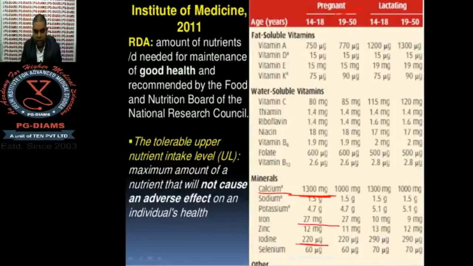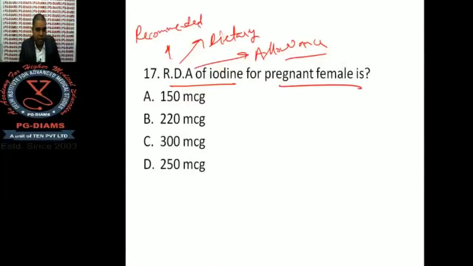When it comes to lactating, the iodine requirement increases to 290, iron requirement decreases to 10, and calcium requirement almost remains the same. So these are the 3 points which you need to remember: 27 milligram iron, 220 microgram iodine, and 1300 milligram of calcium. So in this question the RDA of iodine for pregnant female will be 220 microgram.